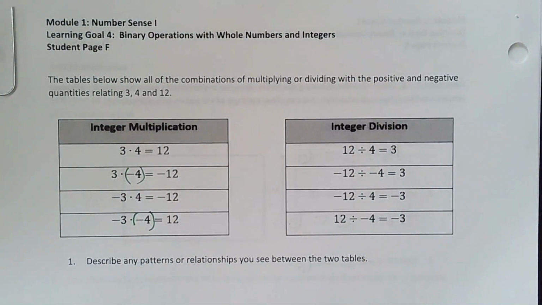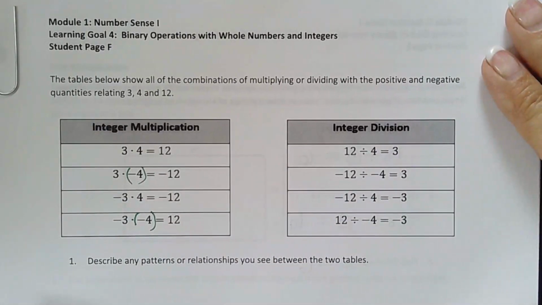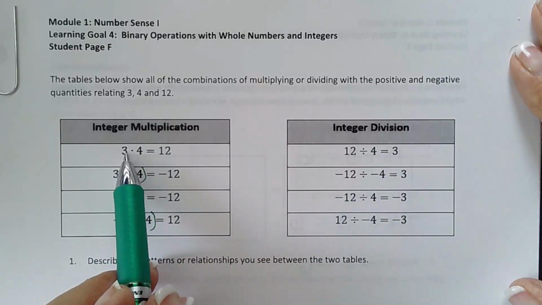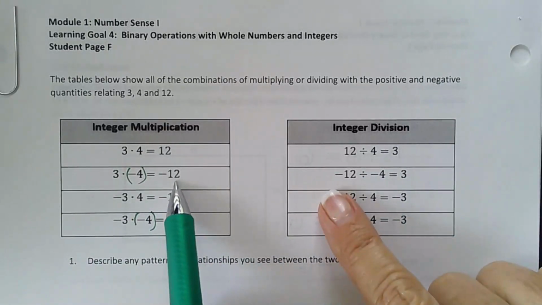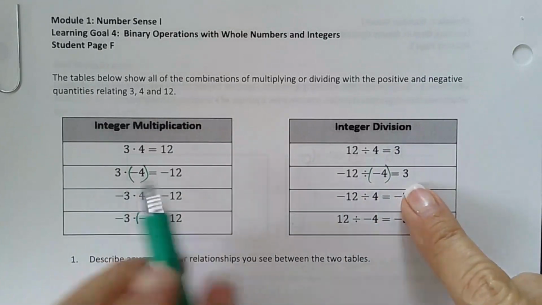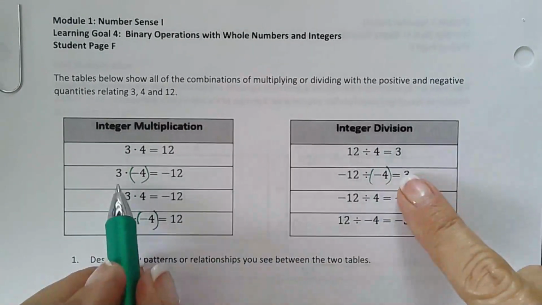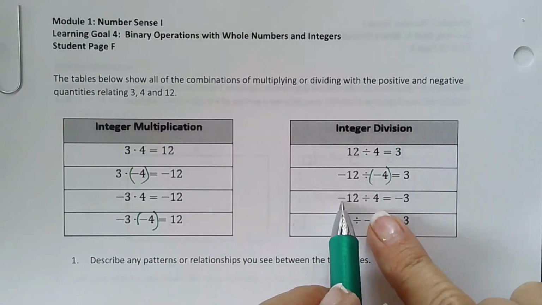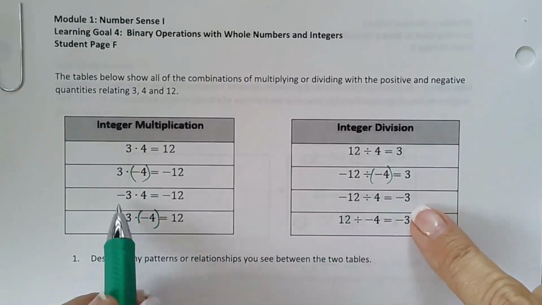And we can check them by dividing. 12 divided by 4, is that 3? Yes. Negative 12 divided by negative 4, 2 negatives make positive 3. Yep. Negative 12 divided by 4, 1 negative, negative 3. Yep.